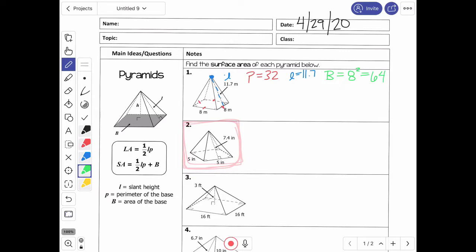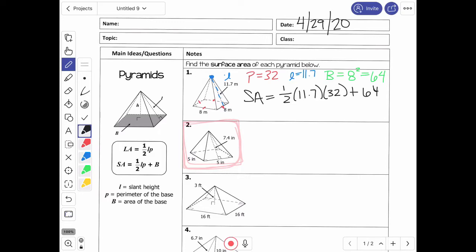Okay, so now I have everything that I can plug into my surface area formula. And so my surface area is the lateral area, so that 1/2 of slant height, 11.7, times the perimeter of the base, plus the base area, which is 64.